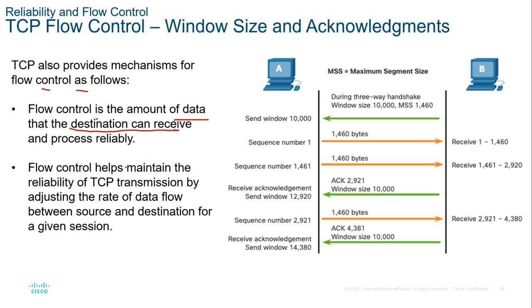The flow control maintains the reliability of TCP transmission by adjusting the rate of data flow between the source and the destination for a given session. So of course there will always be a window size.